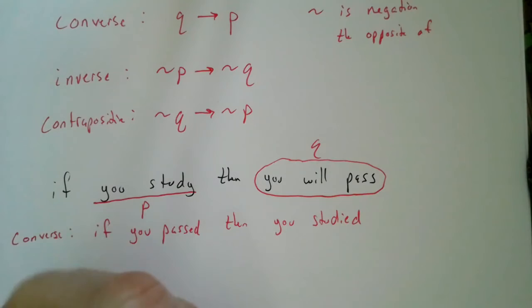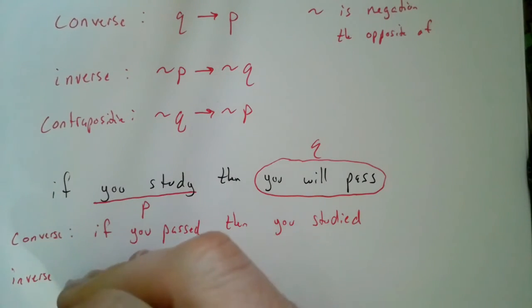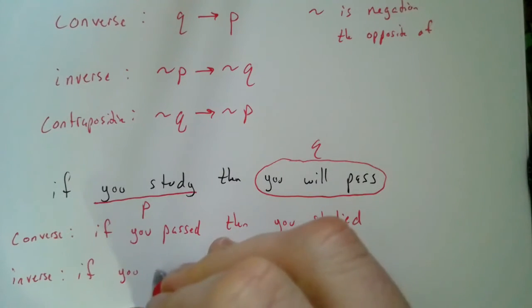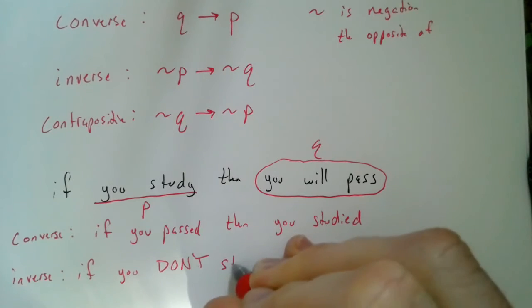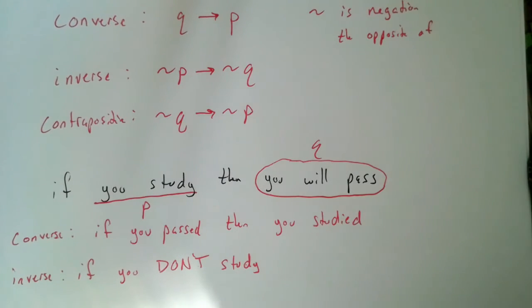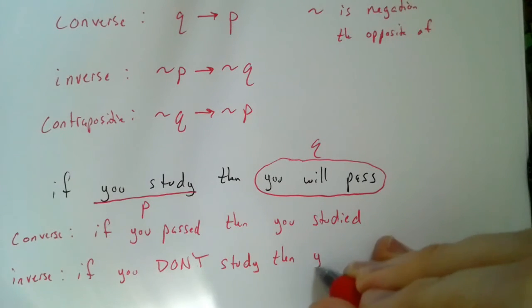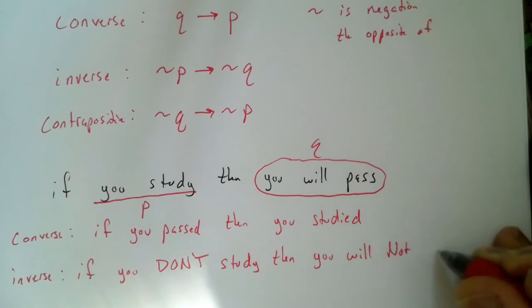Now we're going to take a look at the inverse. For the inverse, I keep everything the same, but I negate it. So this is going to be if you don't study, then you will not pass.